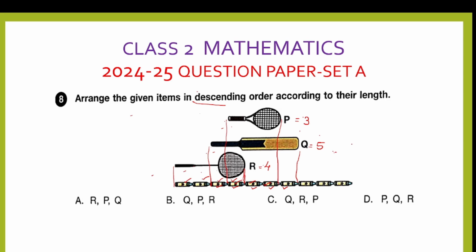So the biggest number is 5, then 4, and then 3. 5 is for the bat Q, 4 is for the badminton racket R, and 3 is for the tennis racket P. So this is the correct arrangement of the given items, that is Q, R, and P. Let's choose the correct option. Yes, Q, R, and P. So the answer for this question is option C.